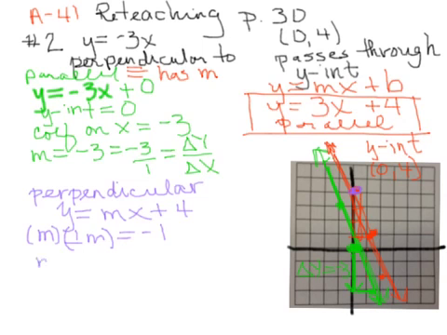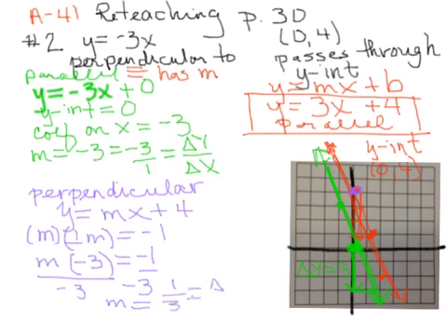Therefore, I'm looking for m. This has to be perpendicular to an equation that has a slope of negative 3, and that has to be equal to negative 1. So if I divide everybody by negative 3, I get that m is equal to 1/3, which is my change in y over my change in x.